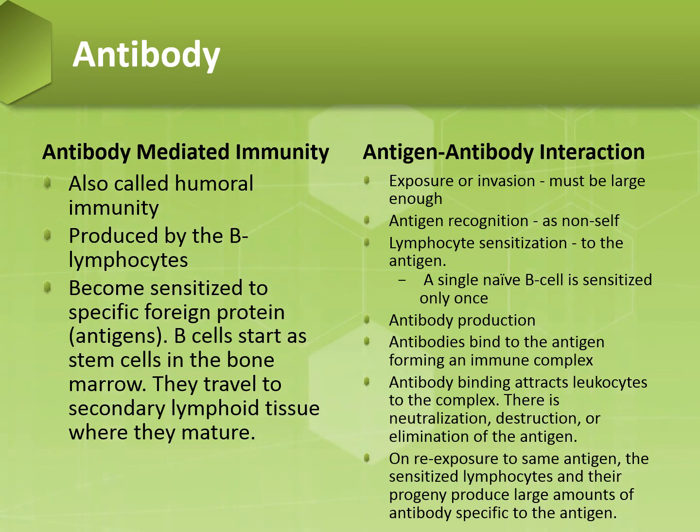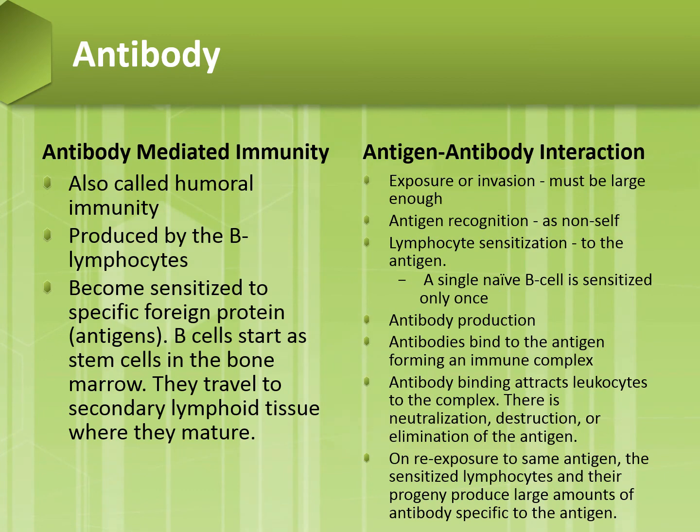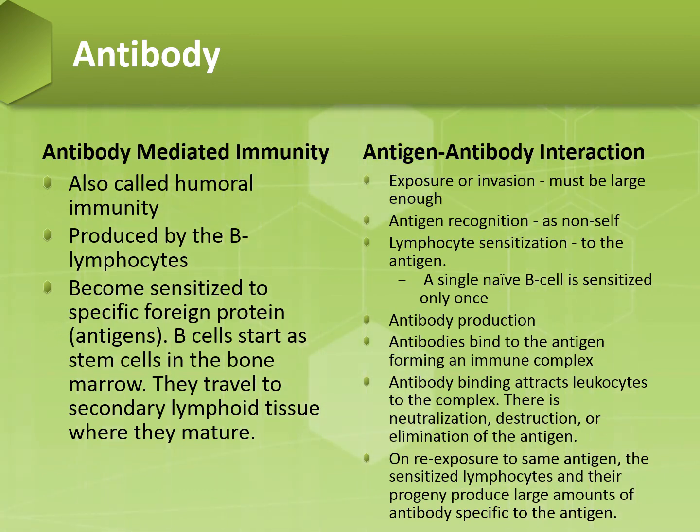Antibodies bind to the antigen, forming an immune complex. Antibody binding attracts leukocytes to the complex. Then there's neutralization, destruction, or elimination of the antigen. On re-exposure to the same antigen, the sensitized lymphocytes and their progeny produce large amounts of antibody specific to the antigen.